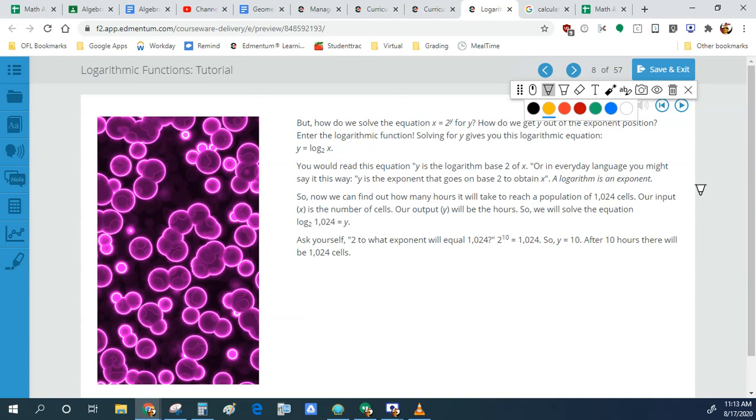So what's happening here is instead of giving us the x and plugging it in, when we do log base 2 of 1024, what we're really asking is 2 to what power gives us 1024.